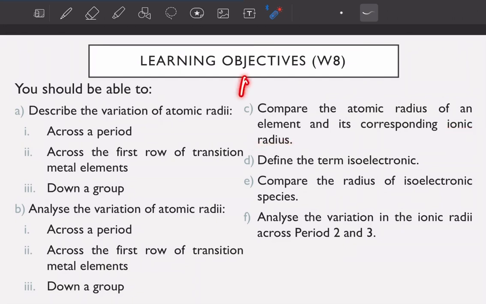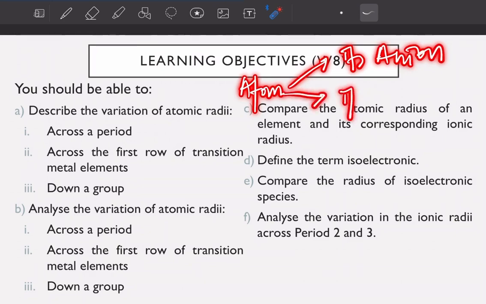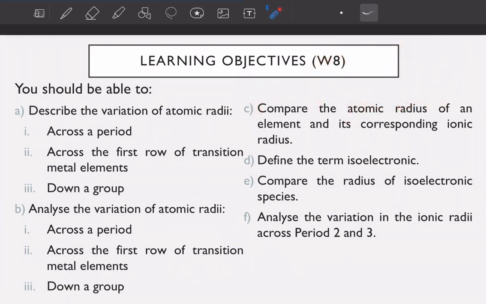That means you are going to compare the size of your atom versus its anion and its cation, depending on your element. We are going to learn why an atom is bigger or smaller compared to its cation or anion.